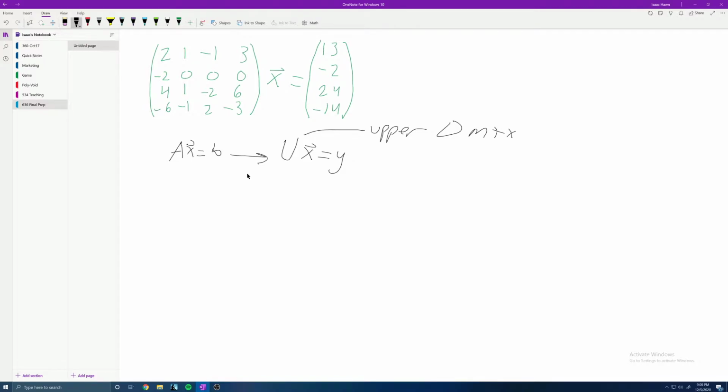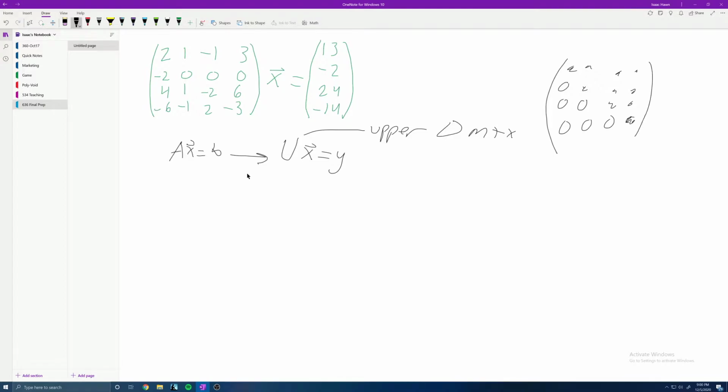So U is going to look like 0, 0, 0, 0, 0, 0 in this case, and then there's going to be entries here, and I guess there's another one right there, like that.